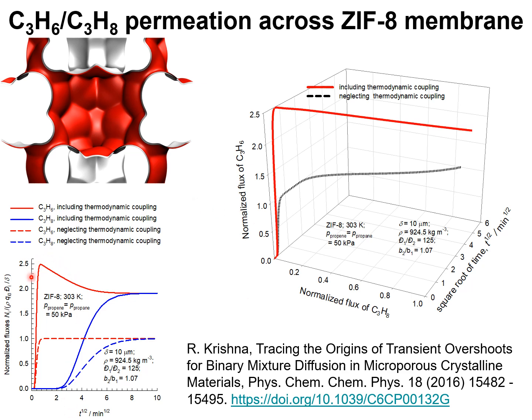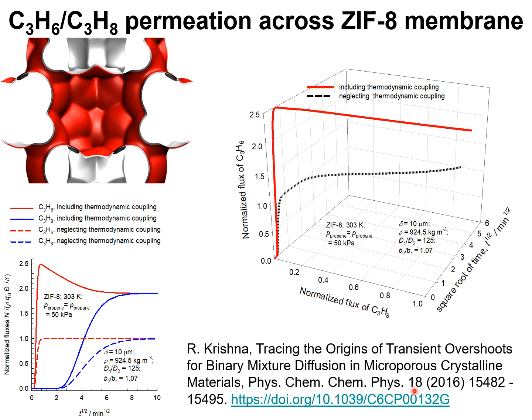Two types of simulations were conducted. The continuous lines are the simulations that include thermodynamic coupling, and we note a significant overshoot in the flux of the more mobile propene, whereas the dashed lines are the simulations in which thermodynamic coupling is considered to be negligible, and no overshoot in the propene flux is observed.